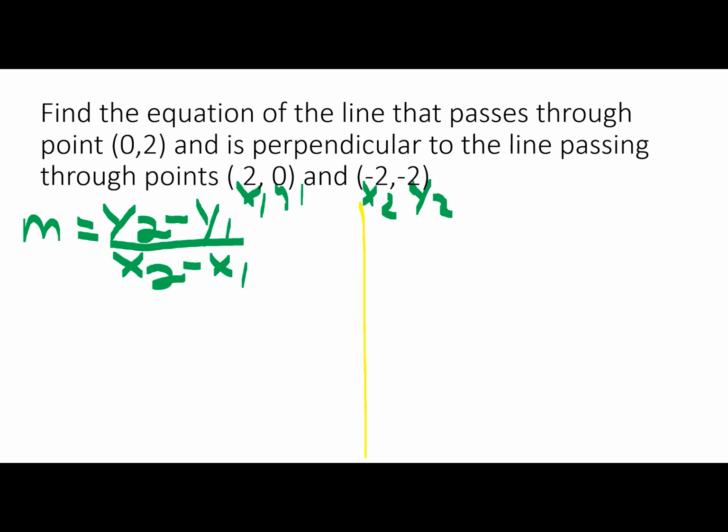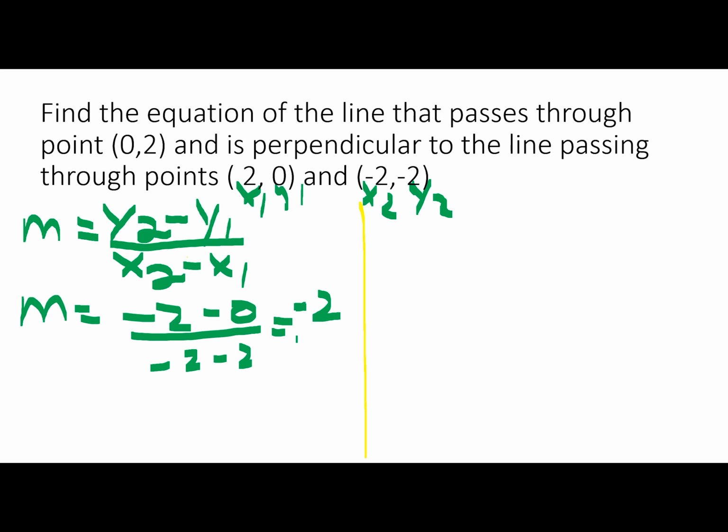So m is y2, negative 2, minus 0, which is y1. Then x2, negative 2, minus 2. So we have negative 2 over negative 4. Negative divided by negative is positive. When we simplify 2 over 4, it's 1/2. So m is 1/2.